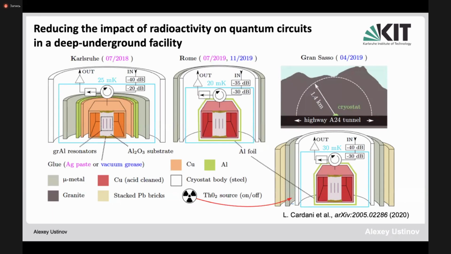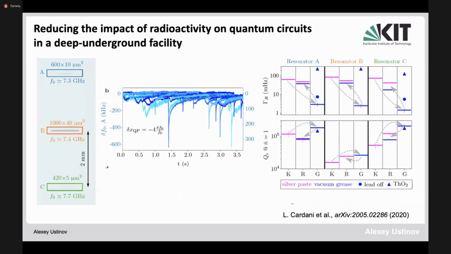It doesn't necessarily mean that future quantum computers will operate underground. This is the most natural proposition, which of course can occur. But it means, in fact, that one has to pay special attention to screening, to protecting the setups with superconducting quantum circuits from high energy ionizing radiation. This is actually an example of events which occur in the superconducting resonators.